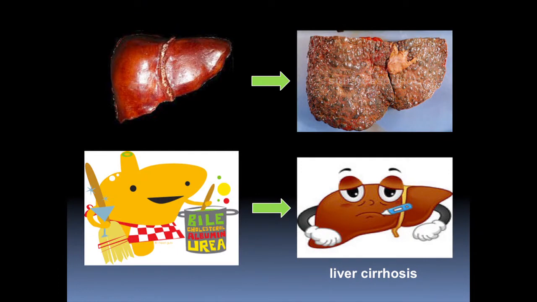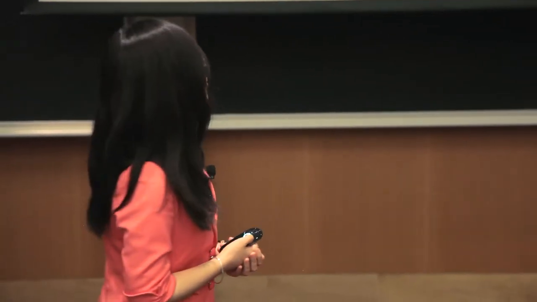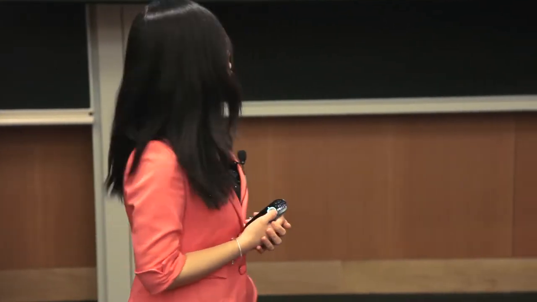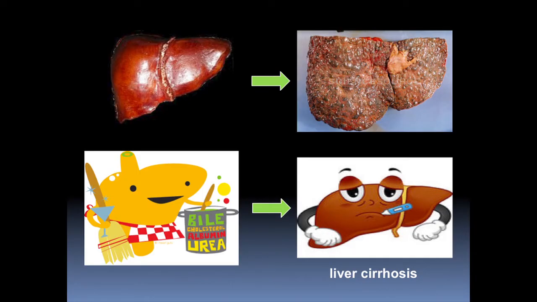Our liver is very important. It has many functions. It's very important for detoxification and also for the production of many chemicals and proteins for digestion. For example, it can produce bile, cholesterol, and many enzymes. If we don't take care of our liver very well, we will develop liver disease, a very common disease called liver cirrhosis.